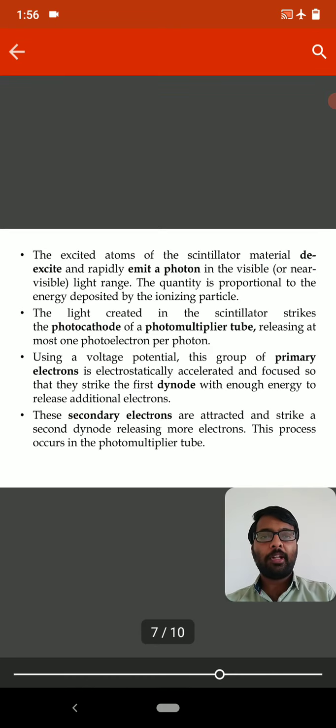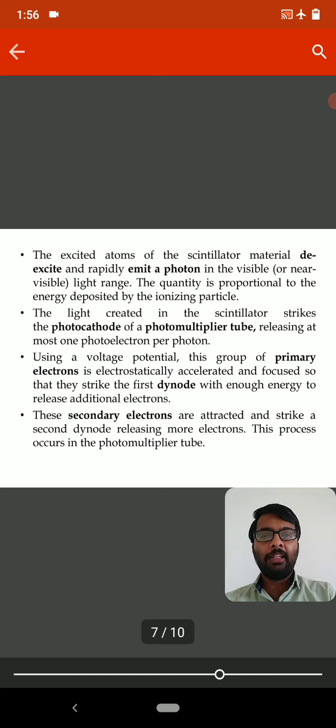Using a voltage potential, the group of primary electrons from the photocathode is electrostatically accelerated and focused so that they strike the first dynode with enough energy to release additional electrons, called secondary electrons.